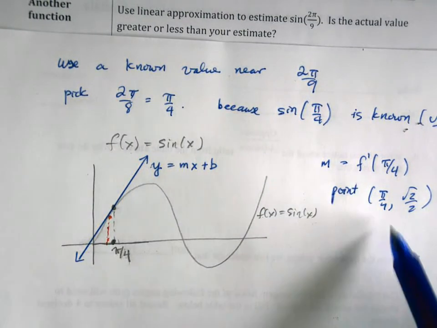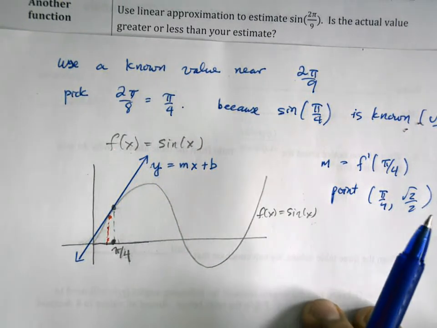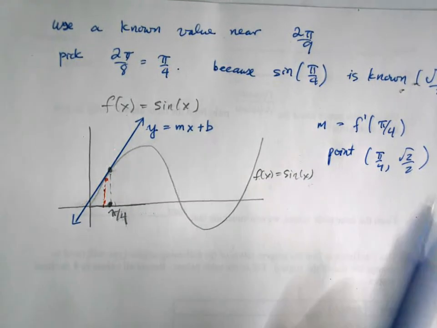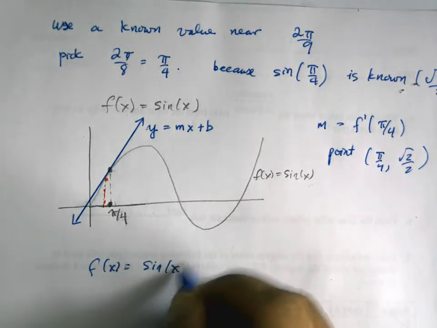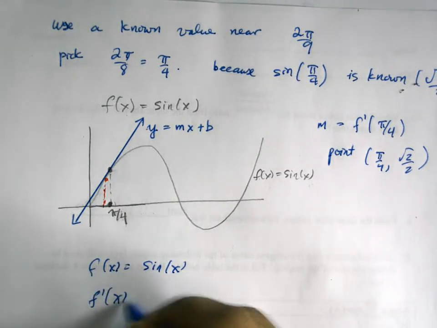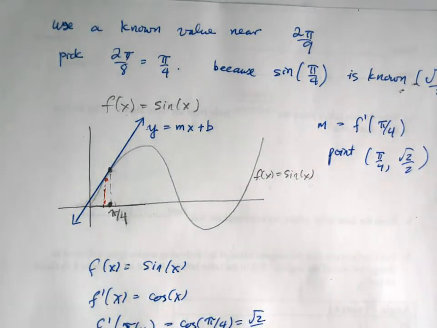If we find the slope and we have our point, then we can pretty easily figure out the equation of that line. So let's do that. f of x is equal to sine of x. That means f prime of x is equal to cosine of x, which means that f prime of pi over 4 is equal to cosine of pi over 4, or the square root of 2 over 2.